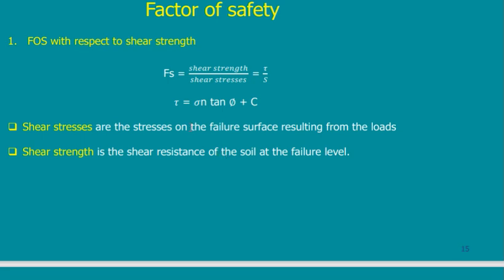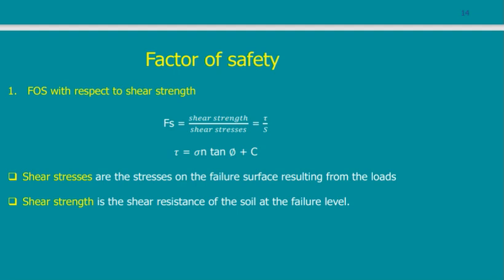Factor of safety. As we said previously, take the example of you standing, with a friend pushing you and another one keeping you in place. You should have a factor of safety. What is this factor of safety? The strength of the friend keeping you in place over the strength of the person pushing you.